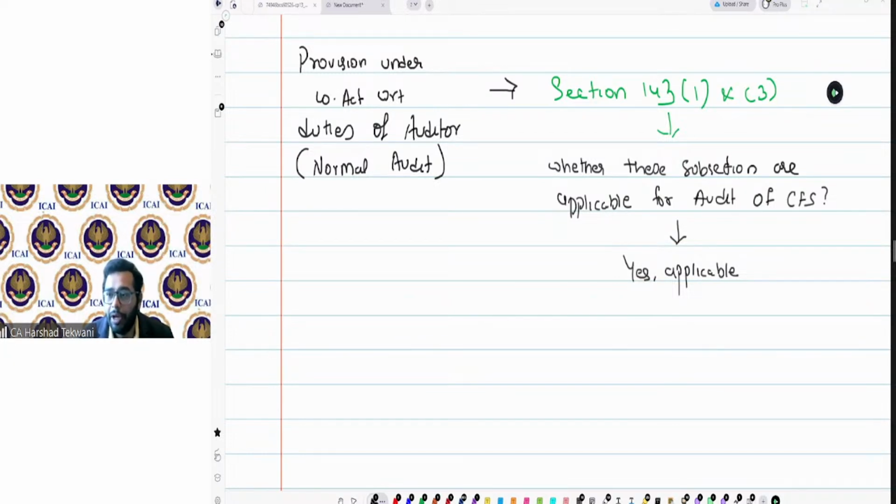So it is a generic one. It does not say standalone, it only talks about the statement.